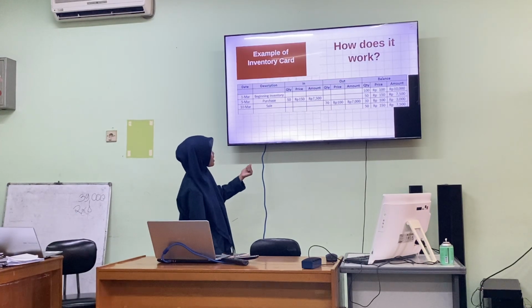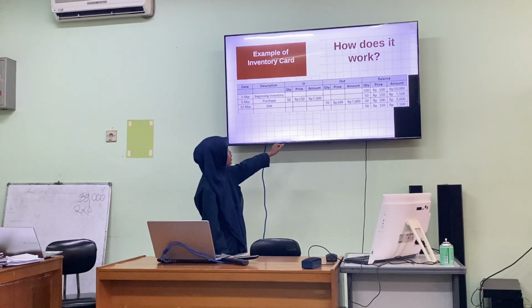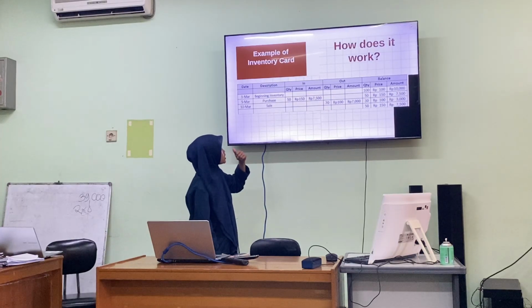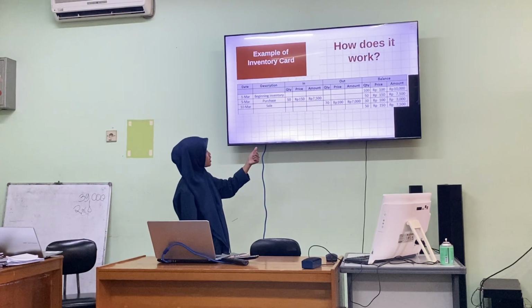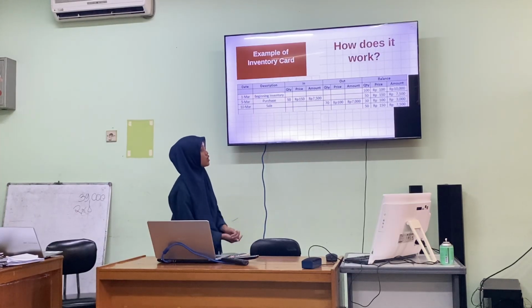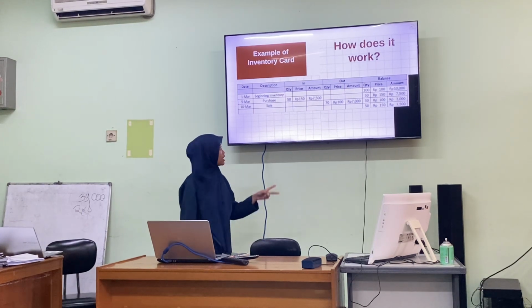The sales is out. Out is 70 units at a unit price of 100 rupiah for a total of 7,000 rupiah. For the balance, the amount balance is two parts.